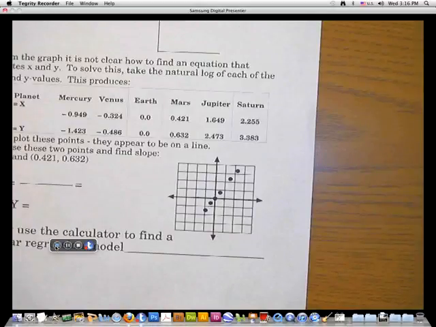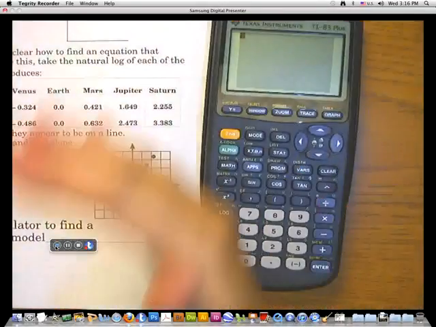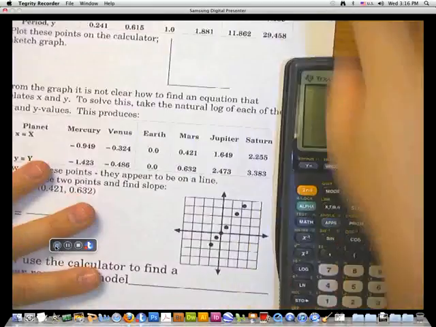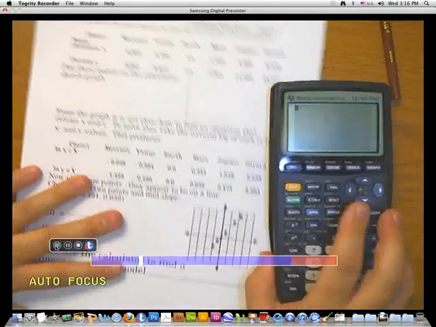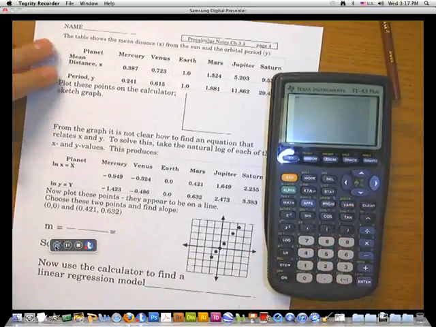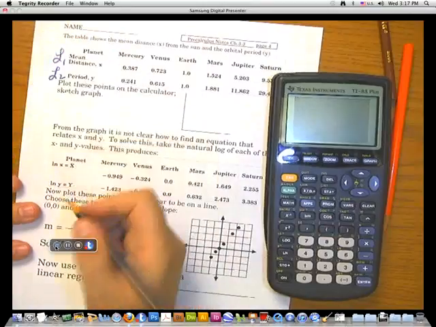Okay, this last one, you're going to need your calculator. And we're going to go through the steps of how to put it into your calculator here. They give you some data information. So what you first need to do is put this data into list 1 and list 2.